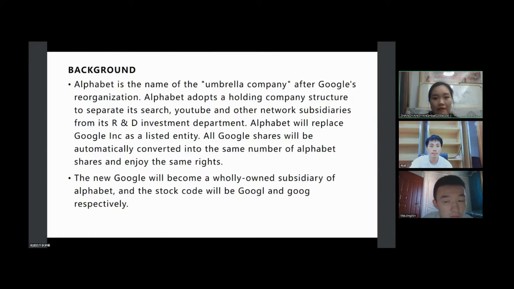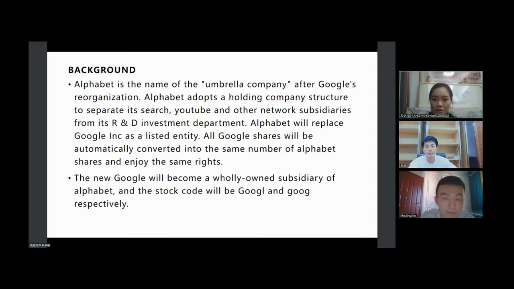Background: Alphabet is the name of the umbrella company after Google's reorganization. Alphabet adopts a holding company structure to separate its search, YouTube, and other network subsidiaries from its R&D investment department. Alphabet will replace Google Inc. as a listed entity.